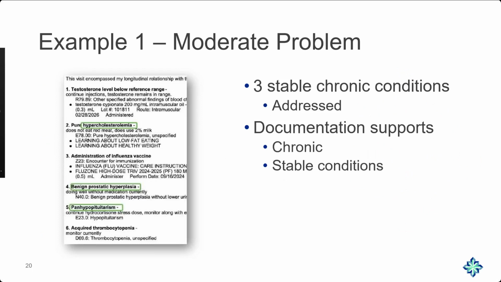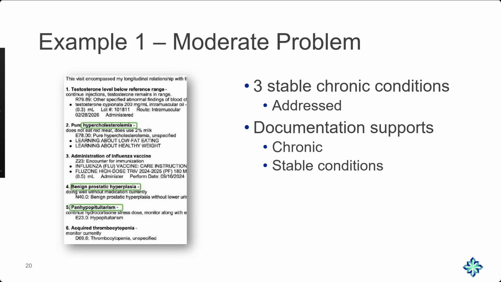So here is an example that we had on our reviews. This one is representing a record that came in with 3 stable chronic conditions, and they were all addressed. Here, what you're seeing are my green boxes around the conditions that were addressed in the encounter, and they had all been indicated elsewhere in the documentation as chronic conditions. They were part of some of those previous examples, and they had onset dates, and I know one of them had chronic in front of it.